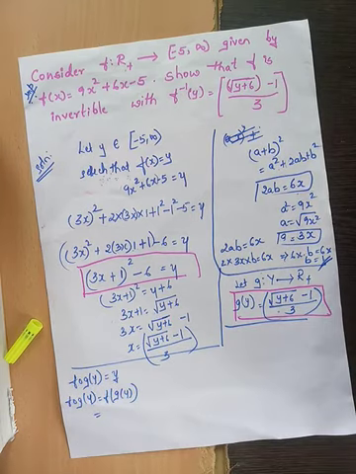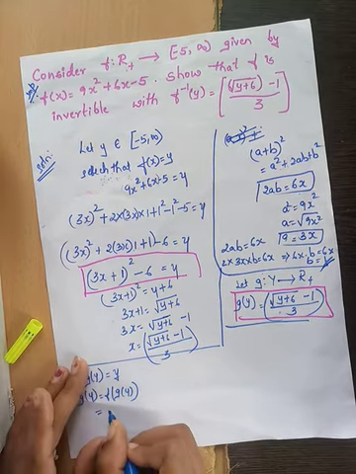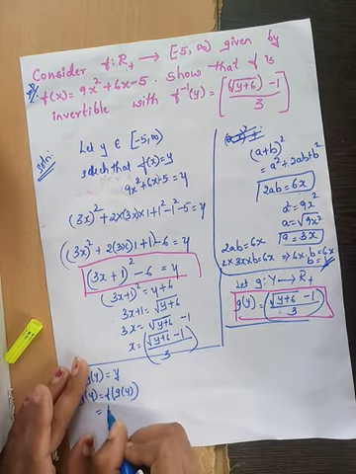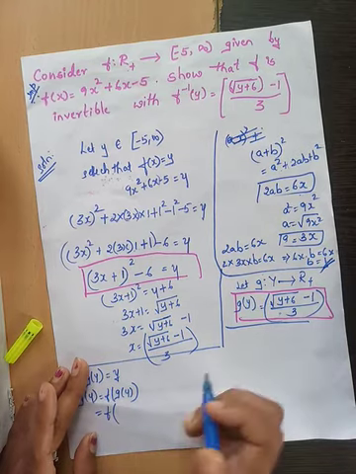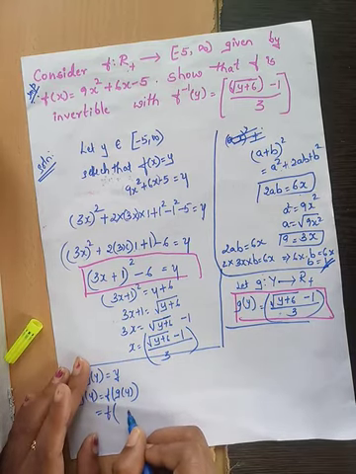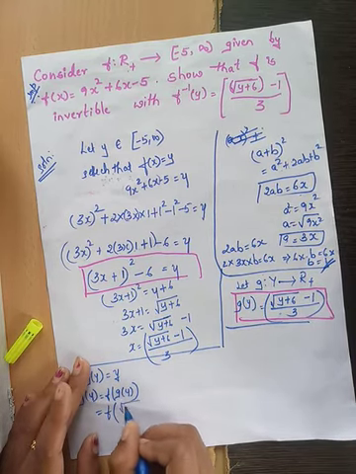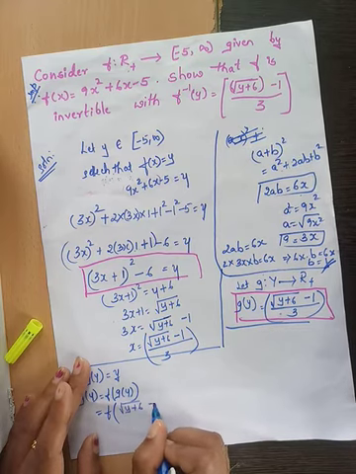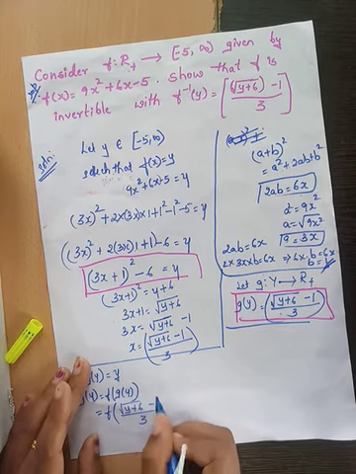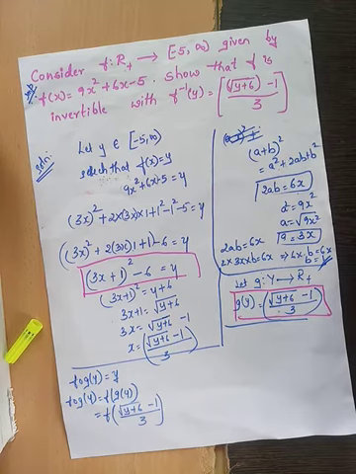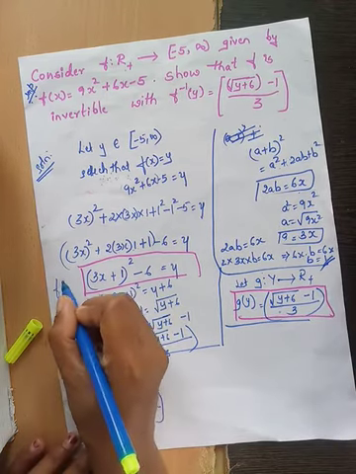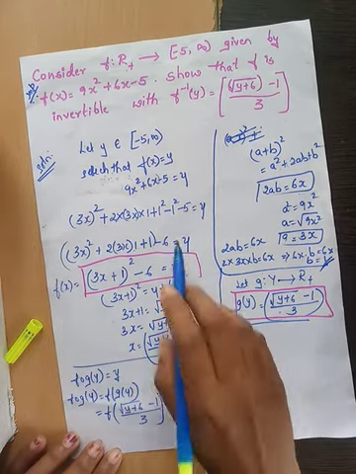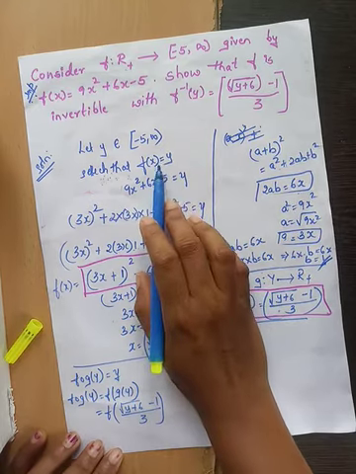So, now f composition g of y is f of g of y. Instead of g of y, what I have to do is, in place of g of y, substitute (square root of y plus 6 minus 1) divided by 3. This is nothing but f of x, because initially we started with f of x is equal to y.